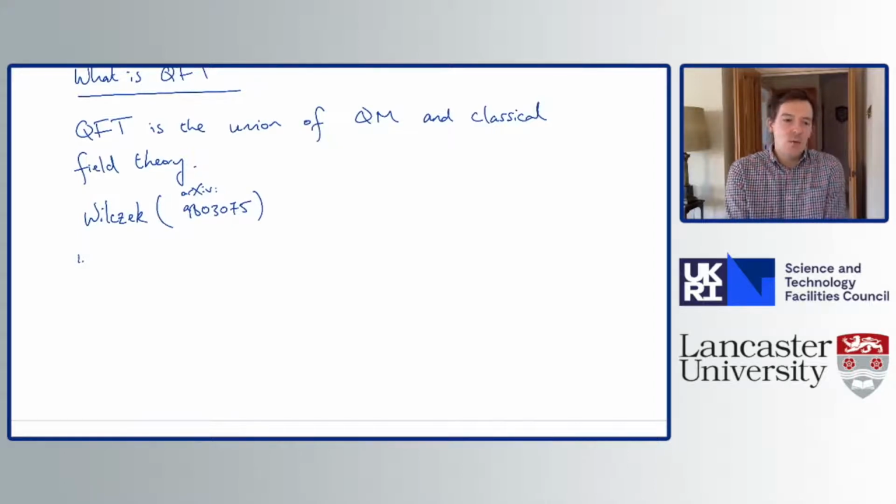But let me tell you what Wilczek, this smart guy, thinks quantum field theory is. He has a fairly technical definition that I want to give you because it has some concepts that we'll pull out as we go through the course.